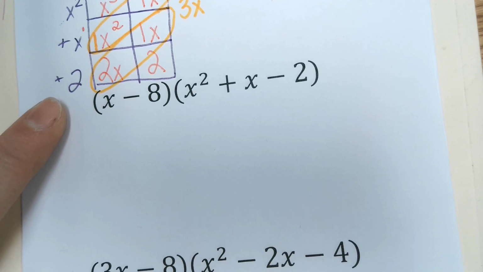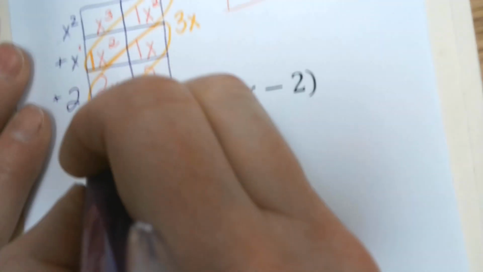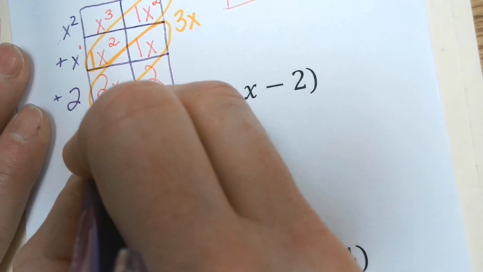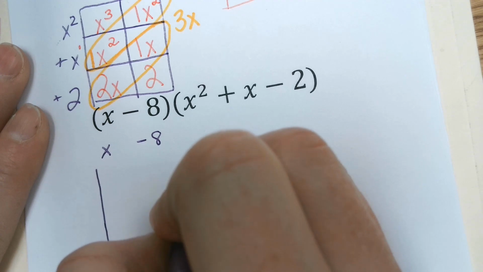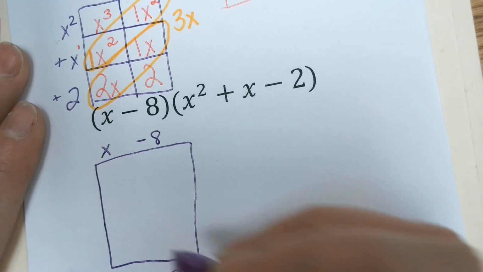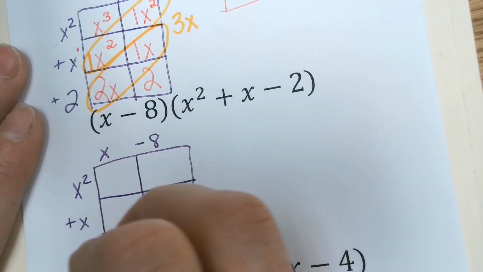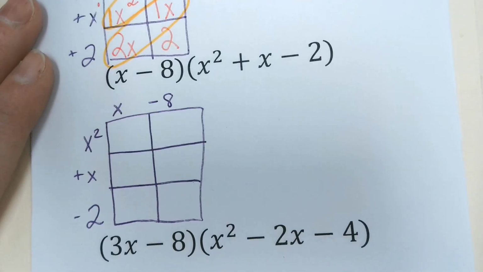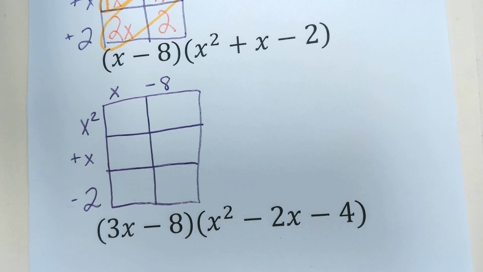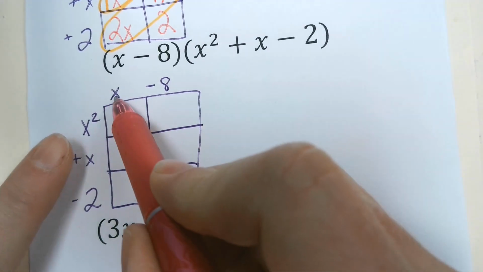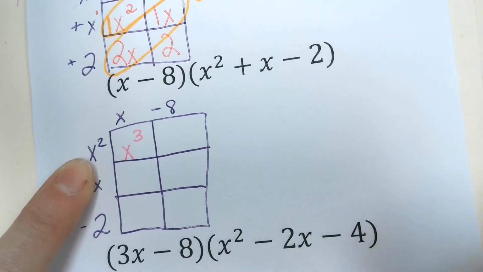x minus 8 times x squared plus x minus 2. Go ahead and set up your box. Now multiply. x times x squared makes x cubed.